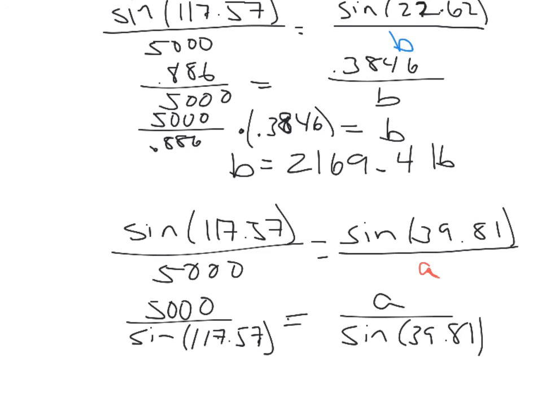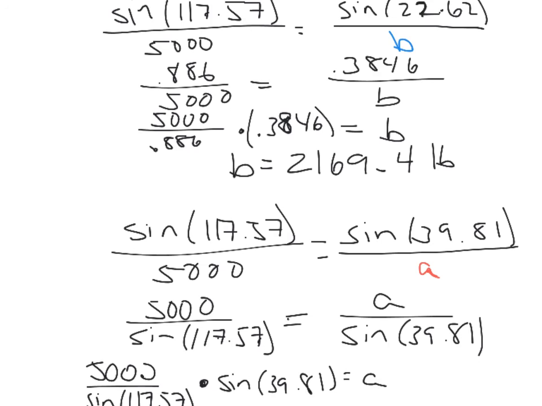Now, if I multiply both sides by the sine of 39.81, I get 5,000 divided by the sine of 117.57, and then take that times the sine of 39.81 equals A. And if I do that calculation, I get 5,000 divided by the sine of 117.57 times the sine of 39.81 equals, so A equals 3611.3 pounds.